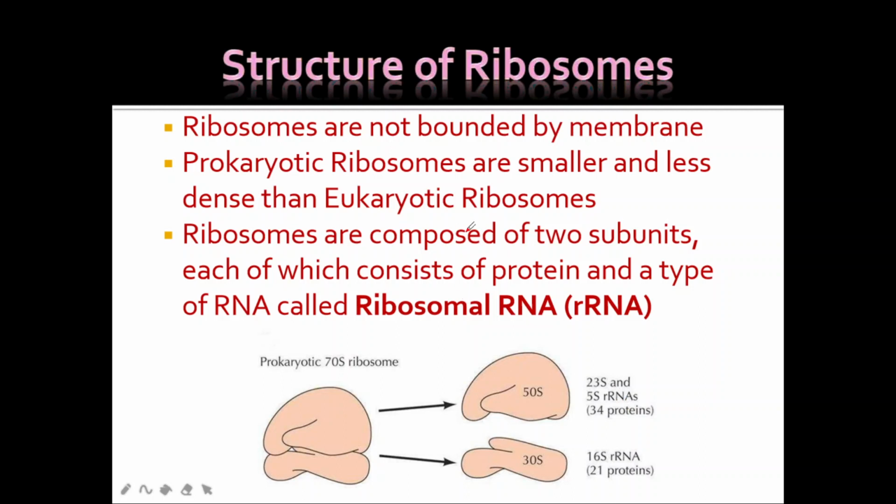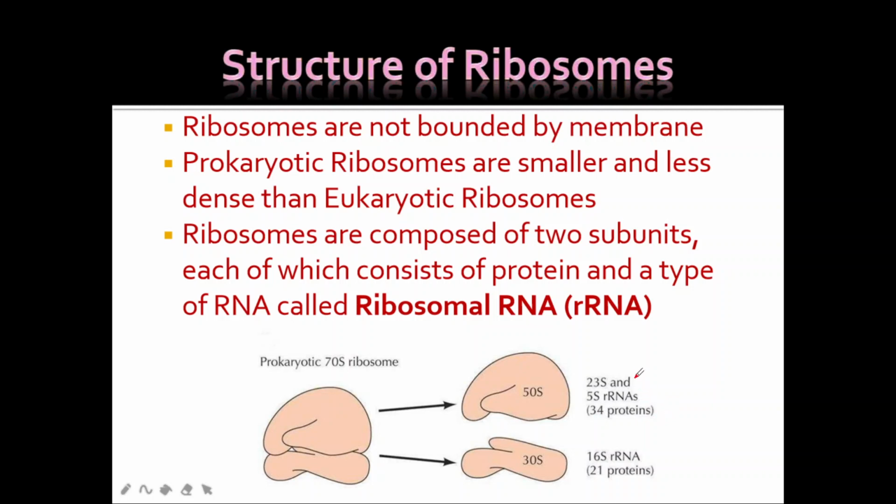Here I have explained that in the subunits of ribosomes, rRNA and proteins are present. So, how much rRNA and protein is present in each subunit? In the 50S subunit, that is the larger subunit, about 23S and 5S rRNAs are present along with 34 proteins.